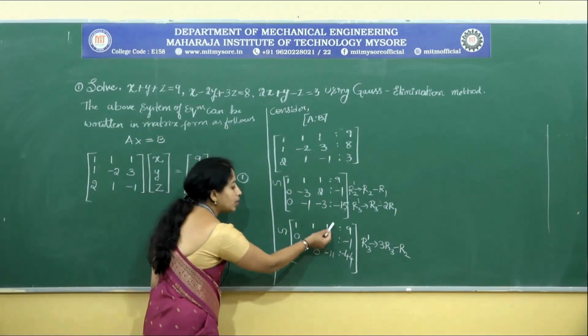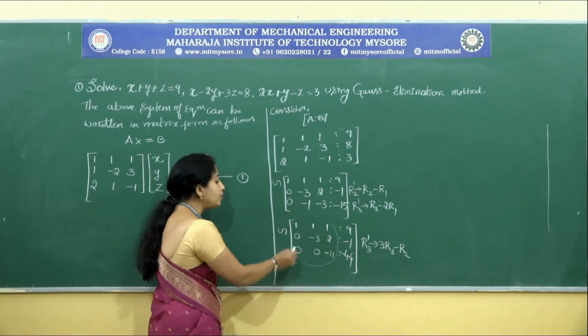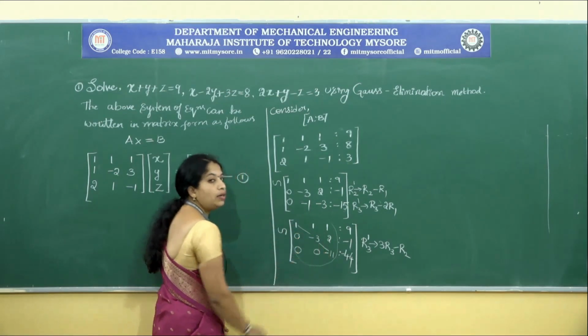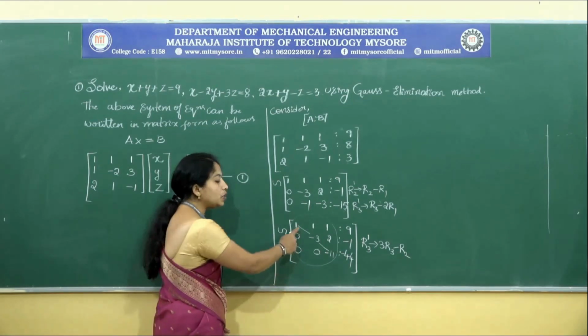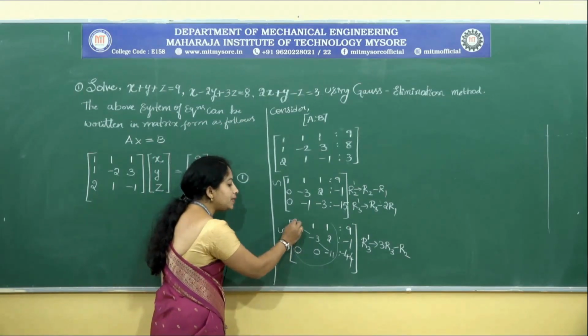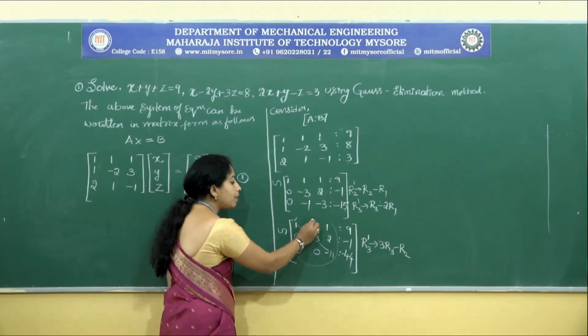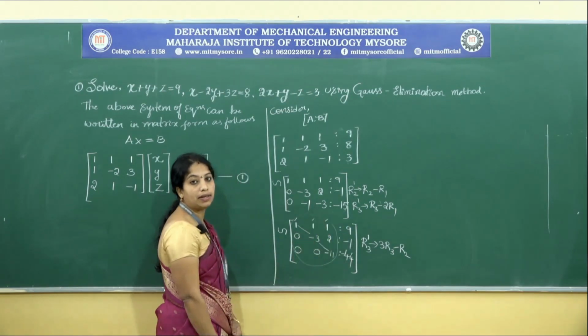Now we have reduced this coefficient matrix into an upper triangular matrix. Now to get the values of x, y, z, multiply the first element by x, second element by y, third element by z, and equate to the constant matrix.